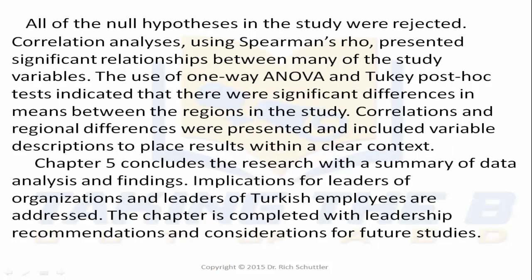Correlational analysis using Spearman's rho presented significant relationships between many of the study variables. The use of a one-way ANOVA and a Tukey post hoc test indicated that there were significant differences in the means between the regions in the study. Correlations and regional differences were presented and included variable descriptions to place results within a clear context.